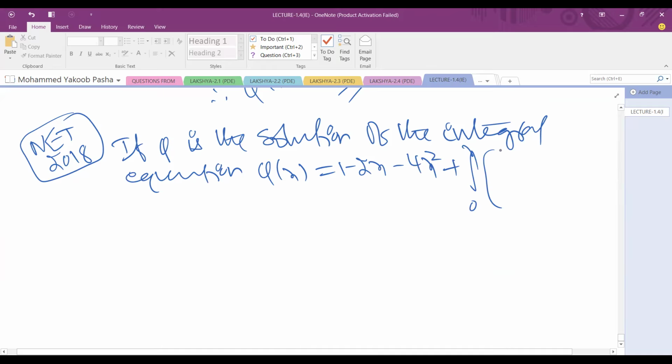Okay. Same problem అండి. 3 plus 6 into x minus t minus 4 into x minus t whole square into pi of t dt.